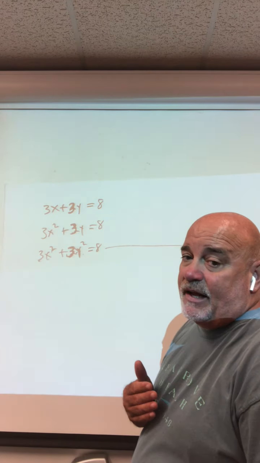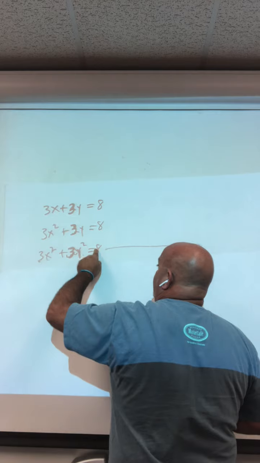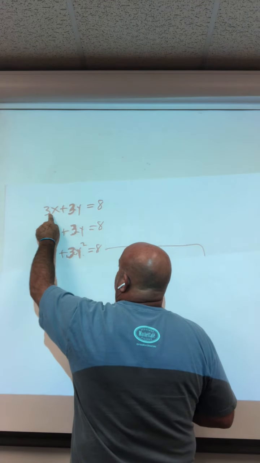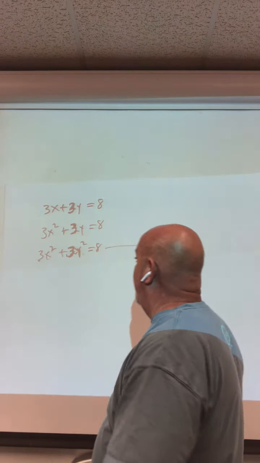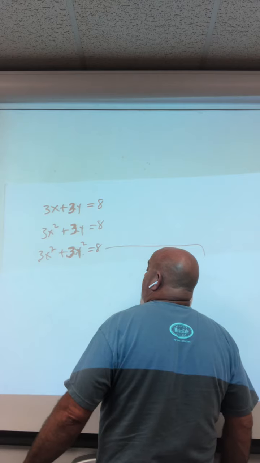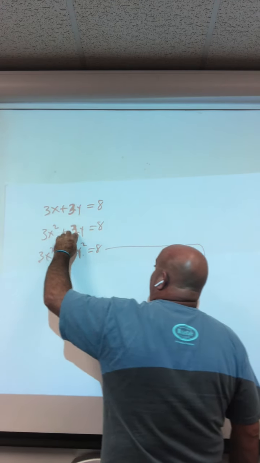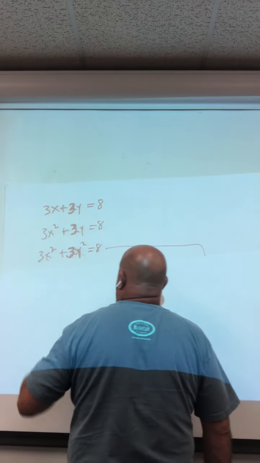It means, remember I gave you a note that said, most equations containing 2 letters have millions of answers. So I would not ask you to solve these 3. But I told you that I would ask you to graph these 3.